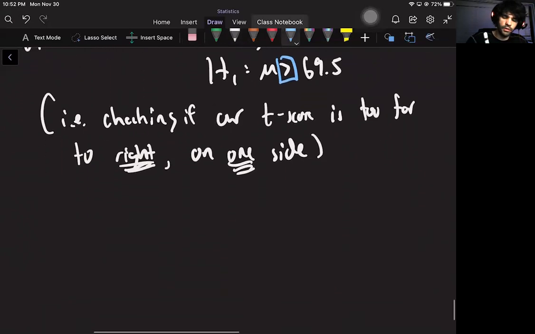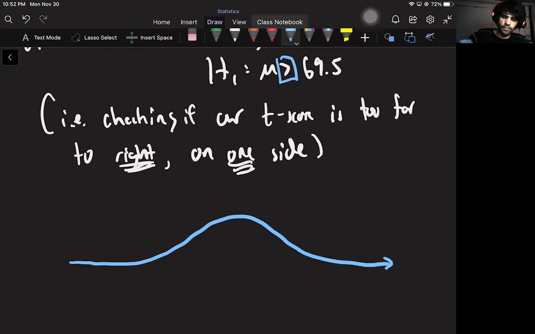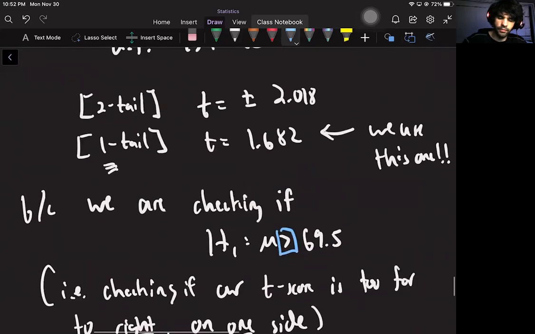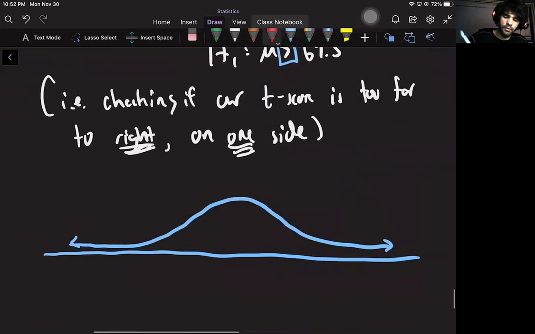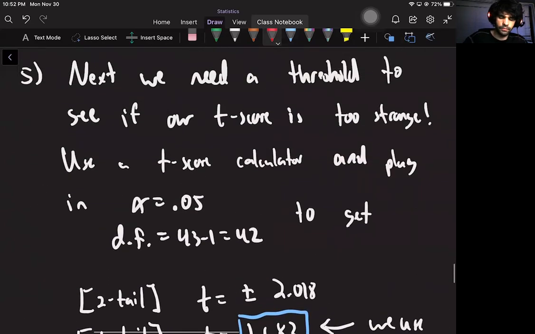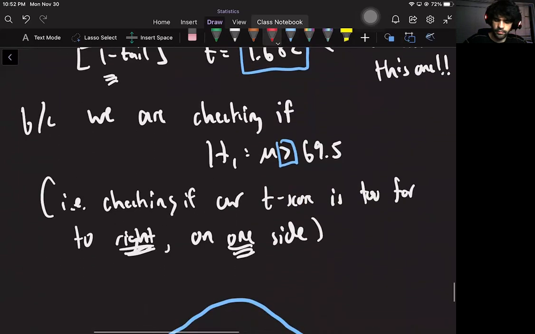So in pictures, what's going on here is we have a t-distribution, which looks, remember, very much like a normal distribution. It's almost indistinguishable. And this 1.682 is maybe like right there, and it signifies this much area to the right.